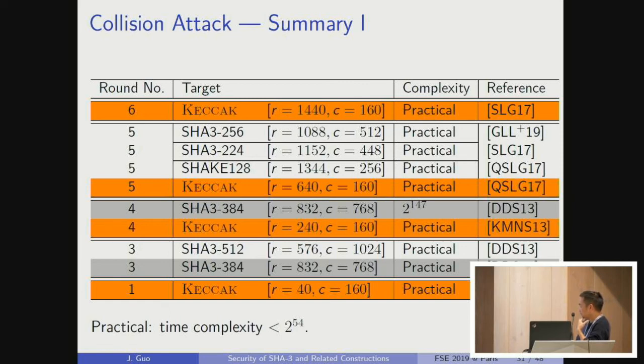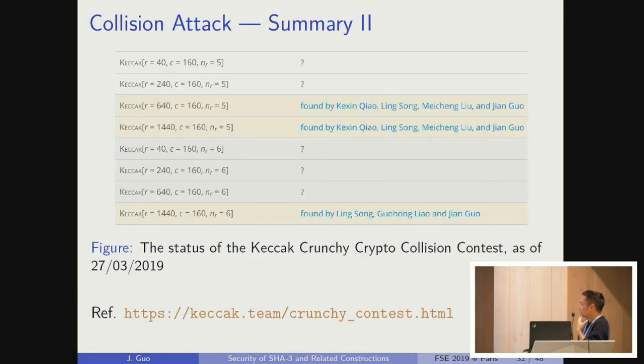For the 200-bit variant, we can only attack 1 round so far. And this is the status of the Keccak Crunchy Crypto collision contest as of today. 6 rounds can be attacked for the biggest internal state size, and for 5 rounds, there's 1 more variant to be attacked.